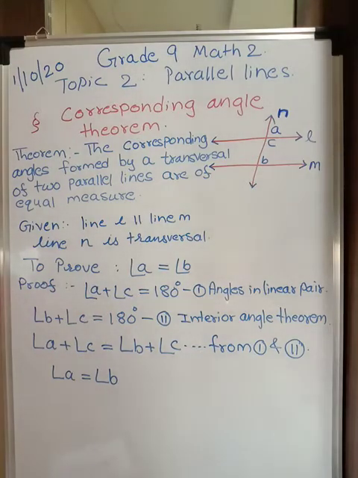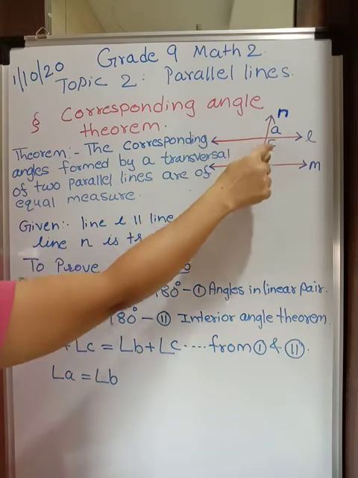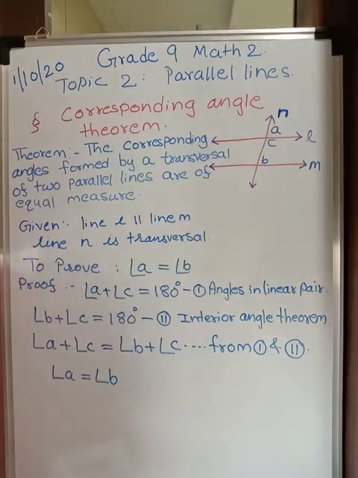Now let's go into detail. What is the statement of the corresponding angle theorem? The corresponding angles formed by a transversal of two parallel lines are of equal measures. Now you know angle A and B form one pair of corresponding angles.